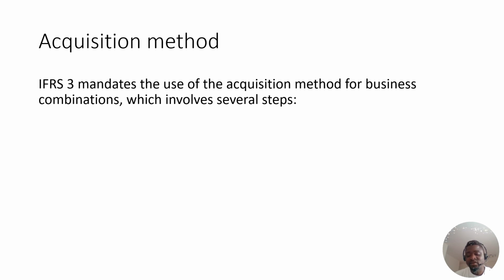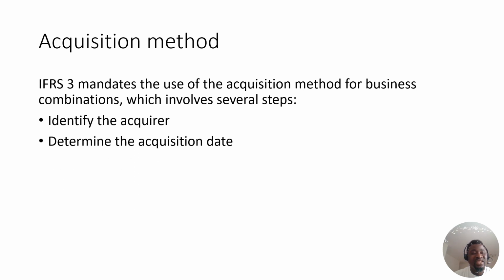These steps include: we identify the acquirer, which is the first step of business combination. So, how do we identify the acquirer? It means the entity that controls the other entity. But I would touch more on that as this presentation goes on.